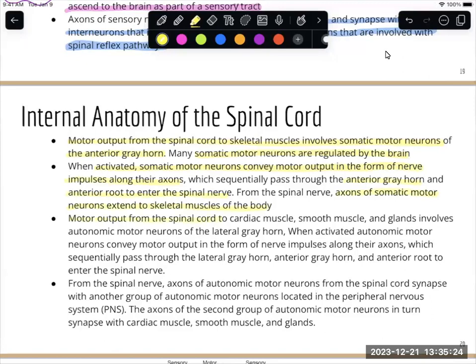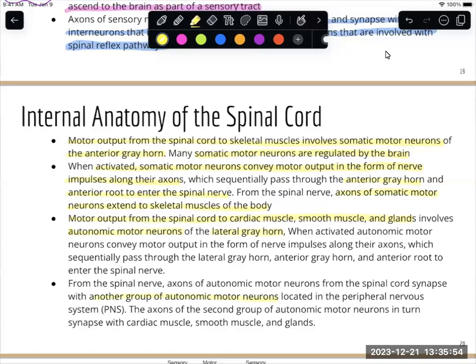Motor output can also go to cardiac muscle, smooth muscle, and glands. That is through autonomic motor neurons that are in that lateral gray horn that I had mentioned before. So from a spinal nerve, the axons of autonomic neurons will synapse with another group of autonomic neurons located somewhere in that peripheral nervous system.